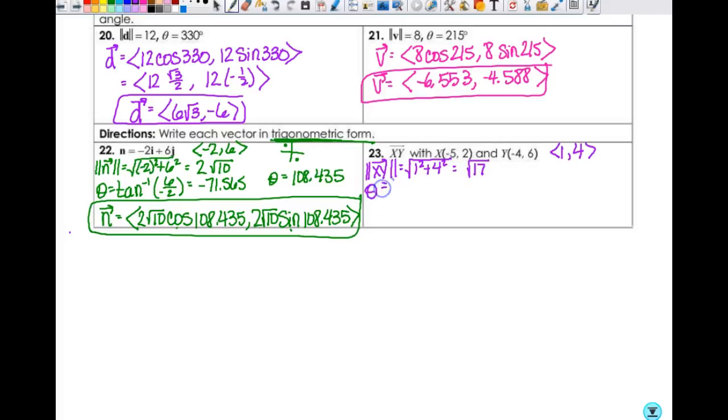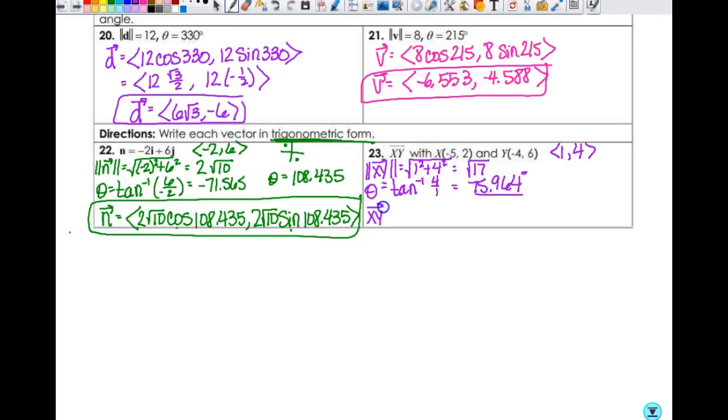Theta is equal to the tangent inverse of 4 over 1, which is a tangent inverse of 4, and that gives me 75.964 degrees. All right, this is a first quadrant. It's directed towards the first quadrant. This is a first quadrant angle, so that actually is my angle.